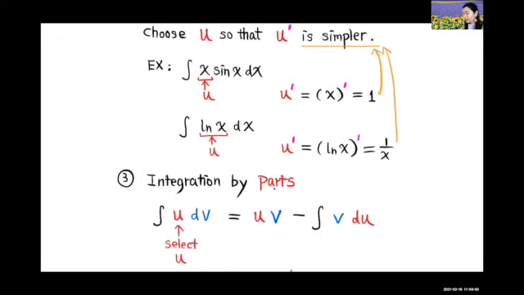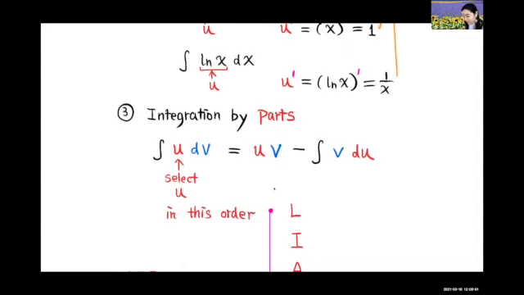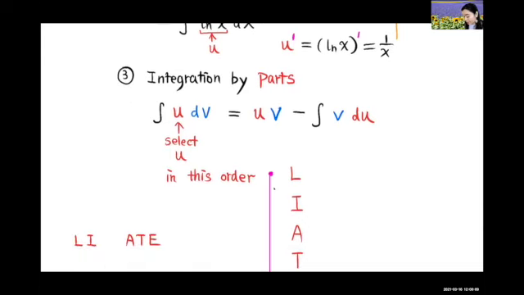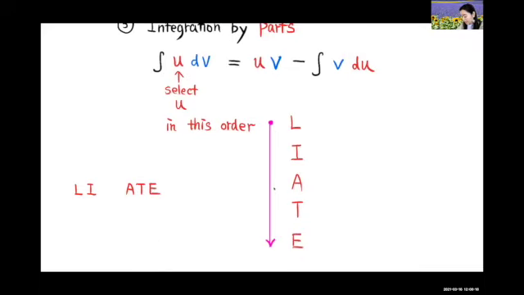Okay, the number 3 trick. This is a secret one. It's not in our book. So this is the integration by parts formula, and you select u in this order: L-I-A-T-E. You go down this order.